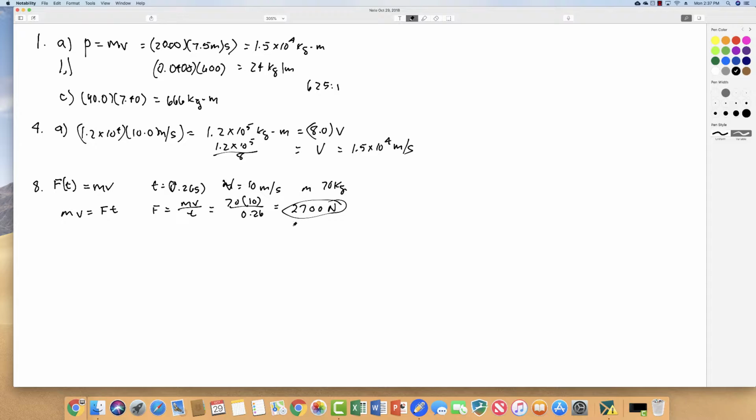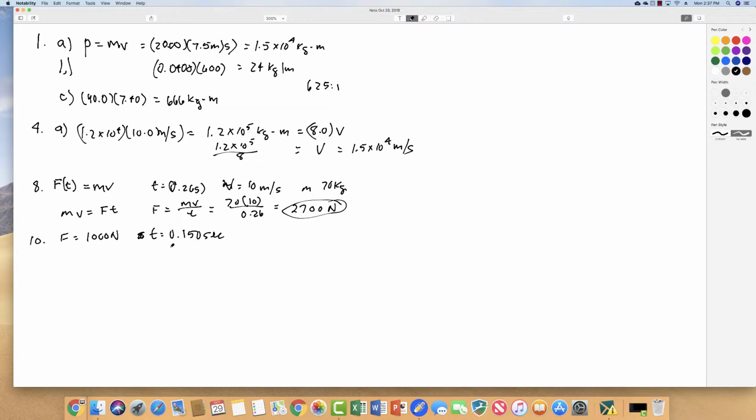Number 10, a professional boxer hits his opponent with a 1,000 Newton horizontal blow that lasts 0.15 seconds. So the force here is 1,000 newtons, and the time is equal to 0.150 seconds.